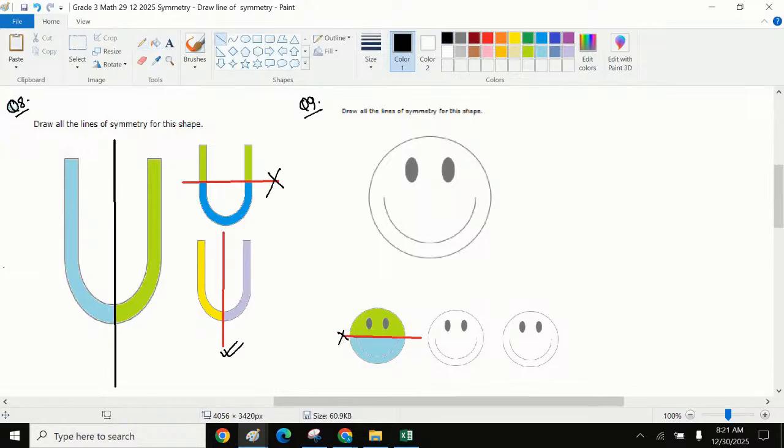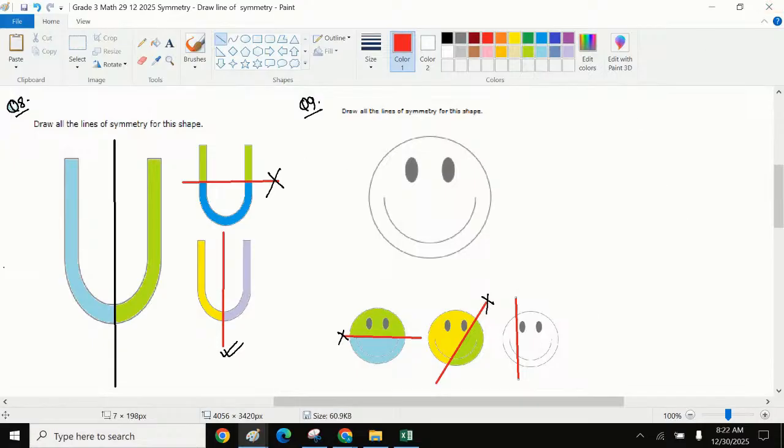If we have a slant line, in either direction, from left to right or right to left, we can say that the shape below the line is not the same as the shape above the line. That means this is still not a line of reflection, that is, line of symmetry, right? But if we try a vertical line, can this vertical line be the line of symmetry, even though it's not in the center?